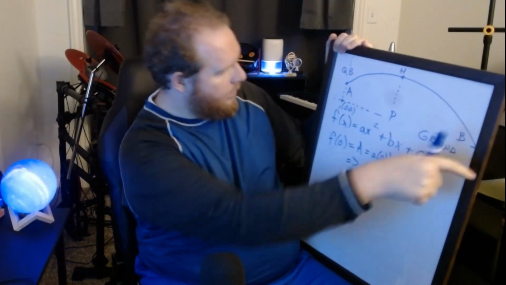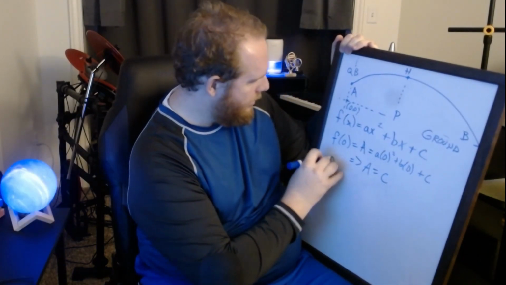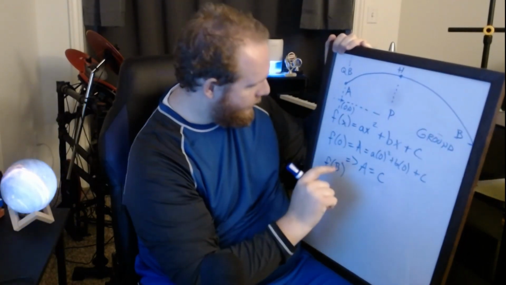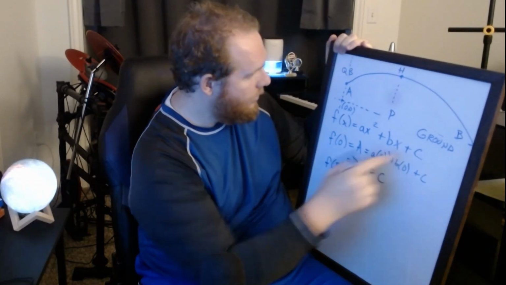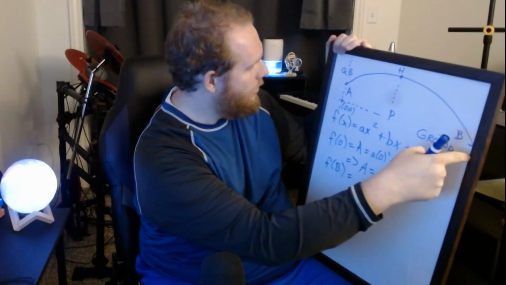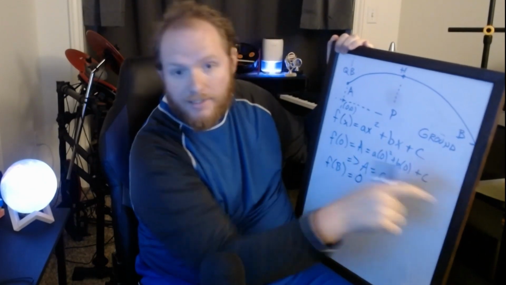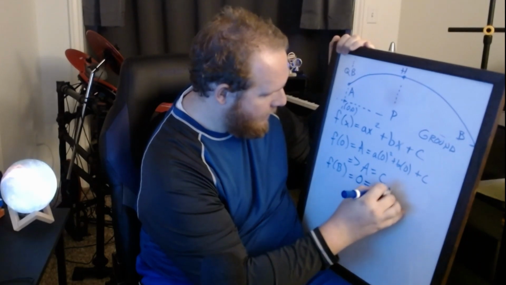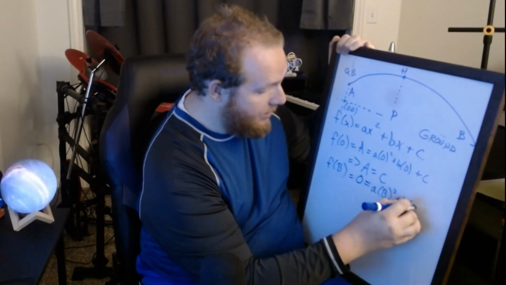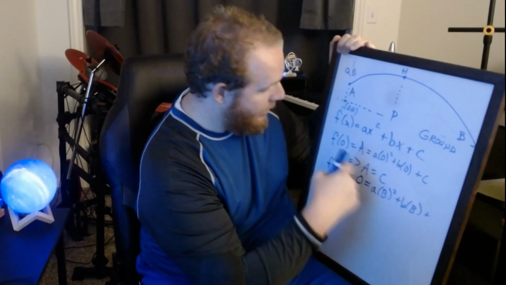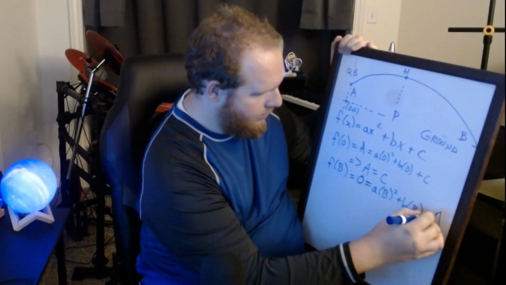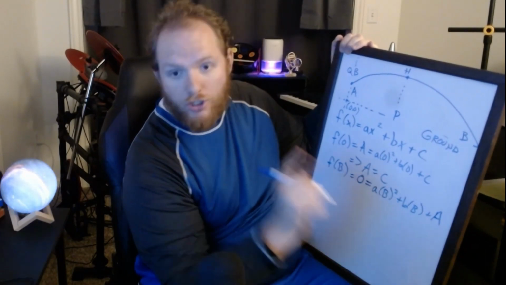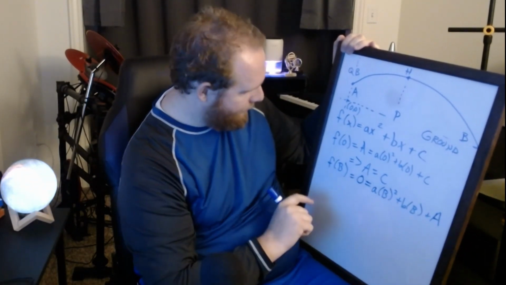Well, then we also know that at our B, the distance that the ball traveled, the height is going to be 0. So now we have a B squared plus b B plus c, but now we know c is A. So that leaves our two unknowns, little a and little b.